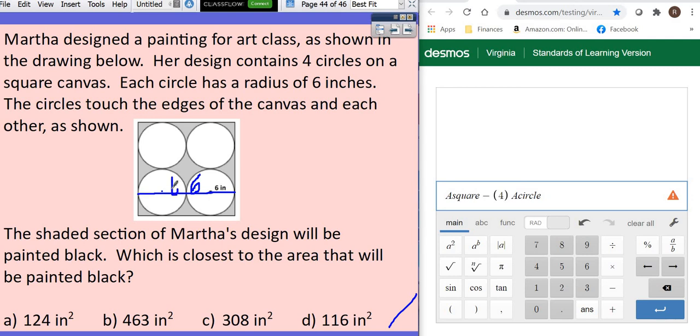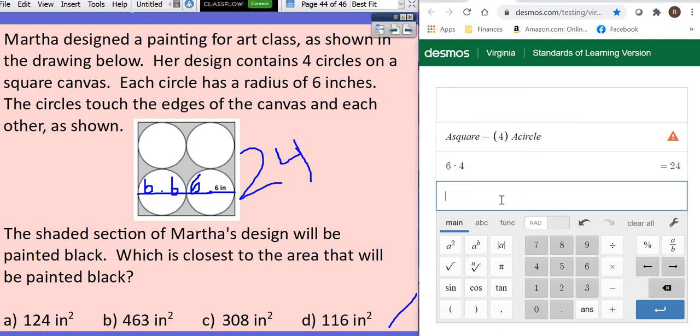And then this has to be 6 inches. And this has to be 6 inches. So I'm going to come down here and I'm going to take 6 times 4. Or I'm going to add 6 plus 6 plus 6 plus 6. That gives me 24. That means the side of my square is 24.